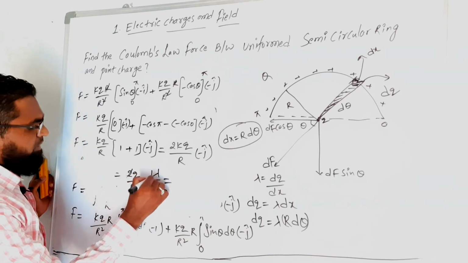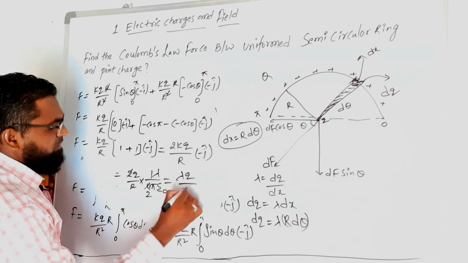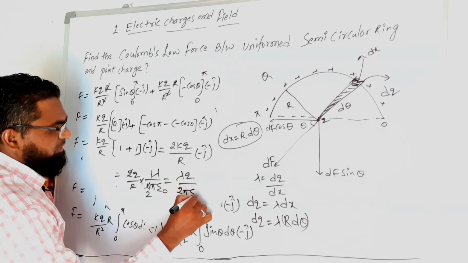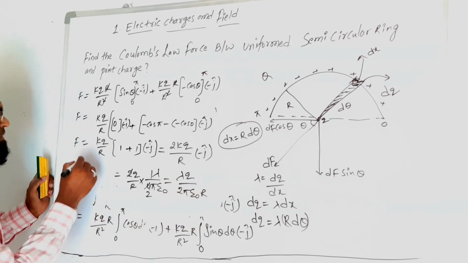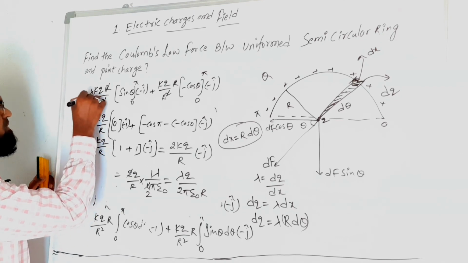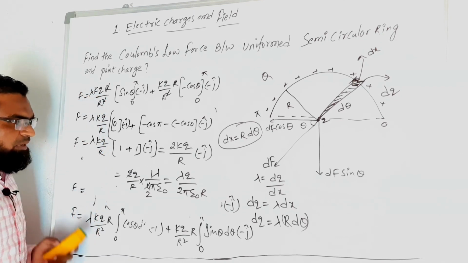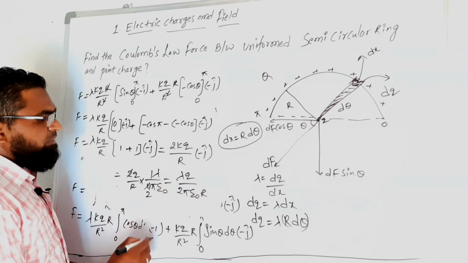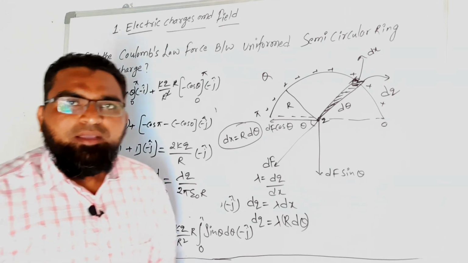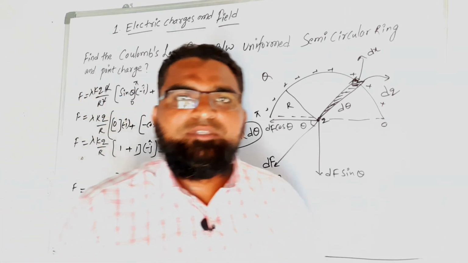So writing lambda into q by 2 pi epsilon naught r. So the final answer is q lambda by 2 pi epsilon naught r. I hope you understood, students. Thank you very much. All the best.